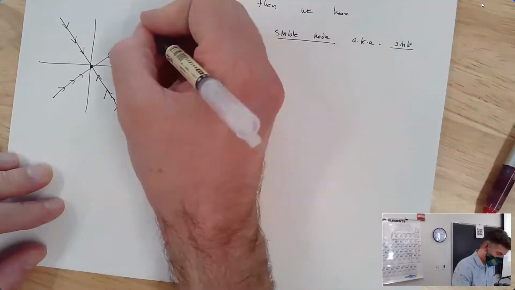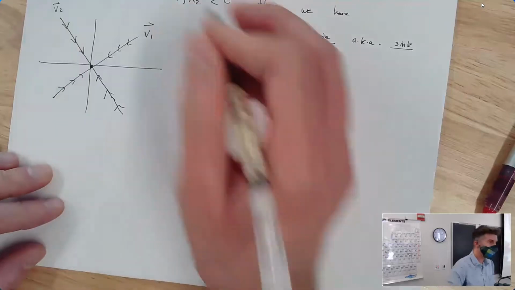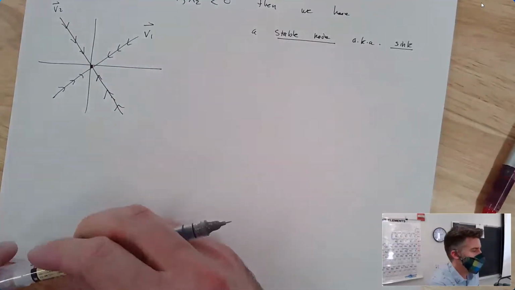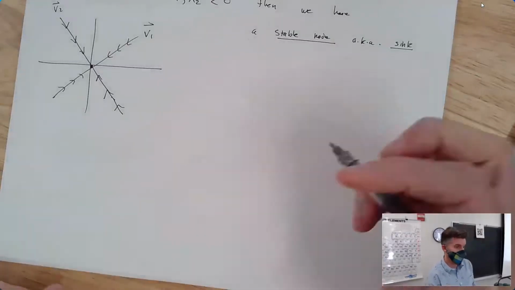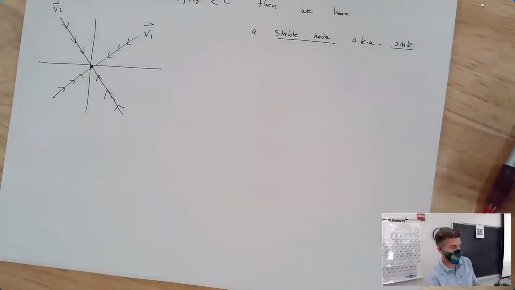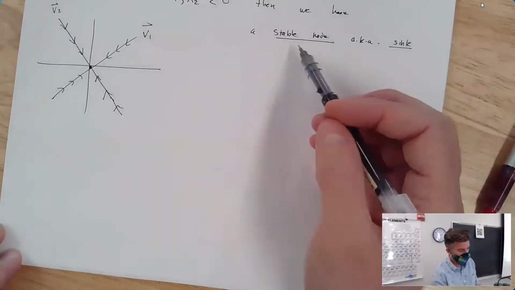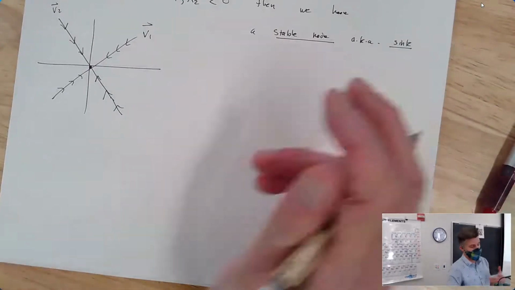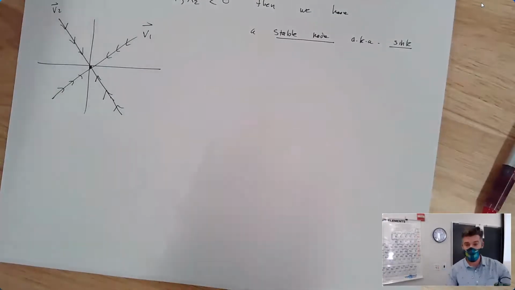When you use sink and source, are you referring to a specific point? Yeah, you're saying that the equilibrium point, the origin, is the sink or the source. You asked a great question.